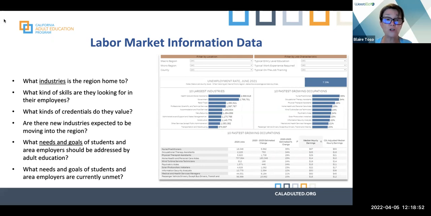You need to be able to consider the context in which your consortium, the geography of your consortium, because it expands beyond the boundaries. So learners might travel for different jobs, or they might seek other opportunities.